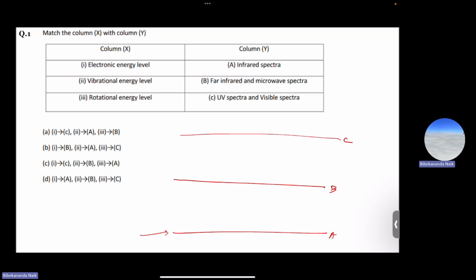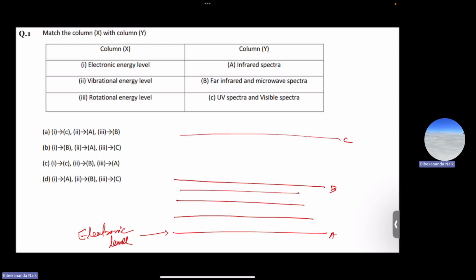And corresponding to each electronic energy level there are vibrational energy levels V0, V1, V2, like this, and corresponding to each vibrational level there are a number of rotational levels.